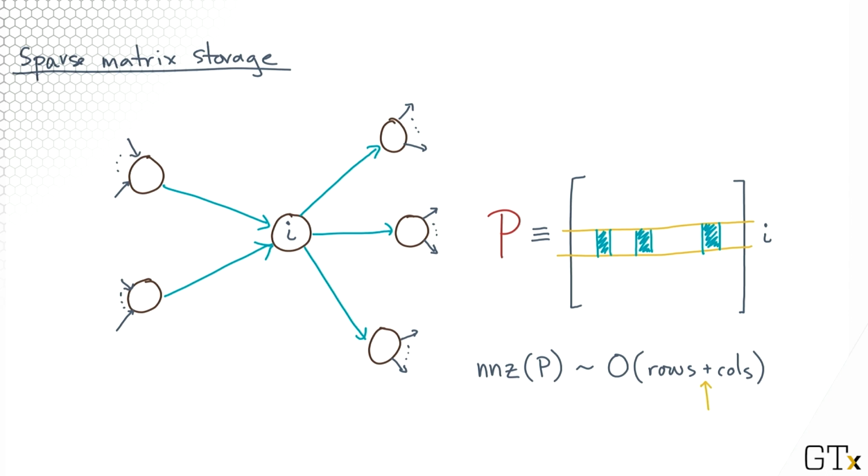Well, sparsity doesn't have a precise definition, but as a rule of thumb, sparse means that the number of non-zeros in the matrix grows like the number of rows plus the number of columns. By contrast, the number of non-zeros in a completely full or dense matrix would be the number of rows times the number of columns, which is big.